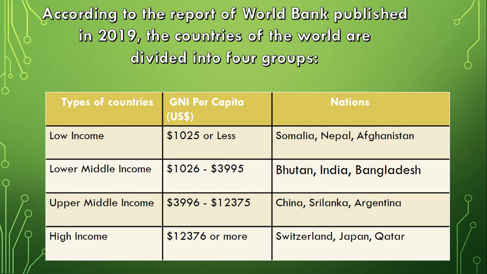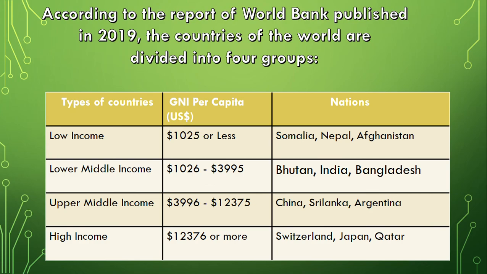In the same way, the countries whose GNI per capita is more than 3,996 US dollar and less than 12,375 US dollar are regarded as upper middle income countries. China, Sri Lanka, Argentina are a few of the upper middle income countries these days.